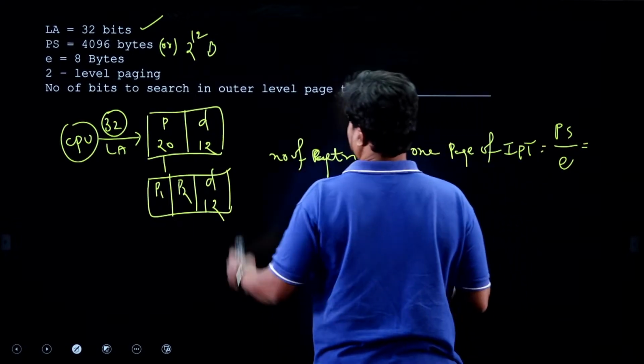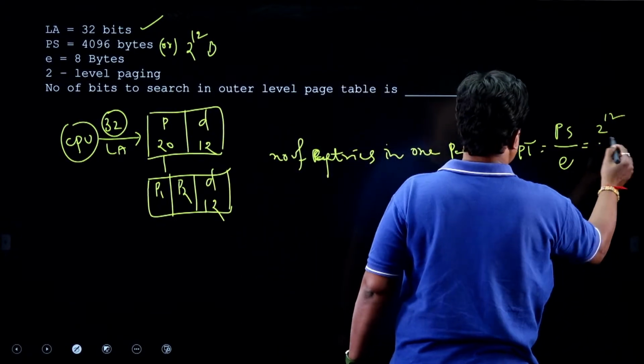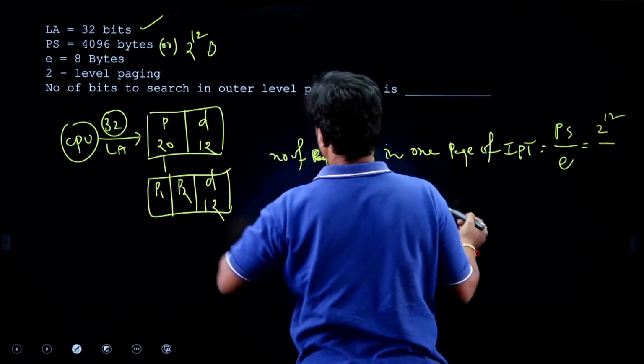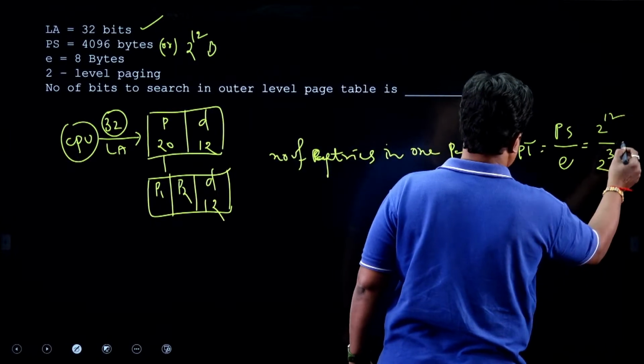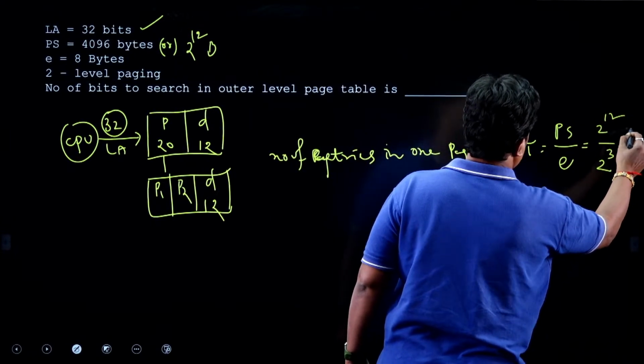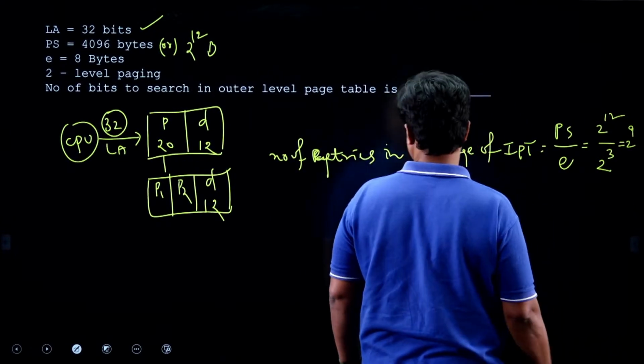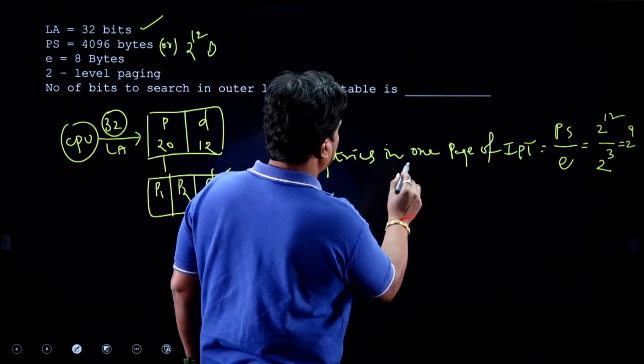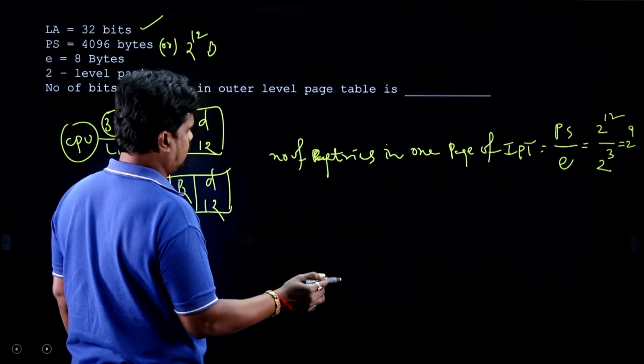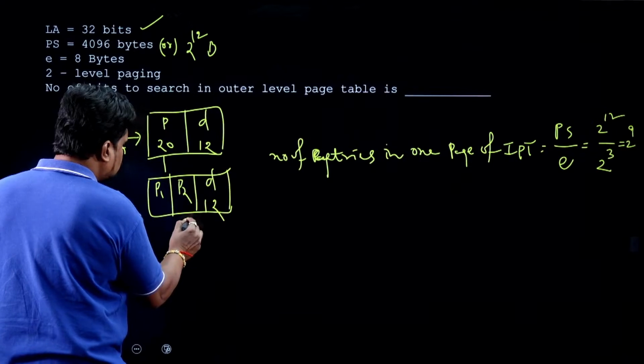The page size is 2 power 12, divided by the entry size 8, which is 2 power 3 bytes, so you are getting 2 power 9. So the number of entries in one page of your inner level page table is 2 power 9, which means your P2 value is going to be 9 bits.